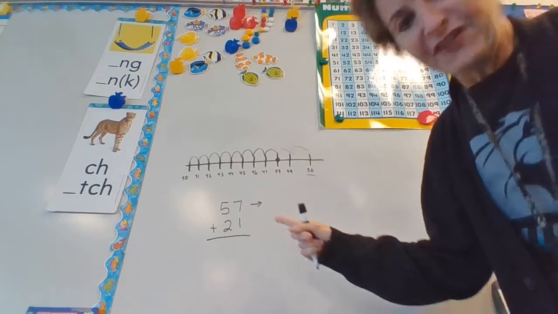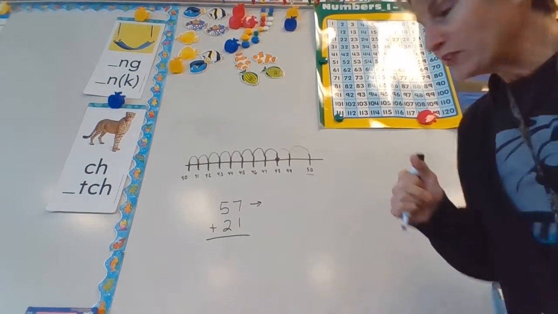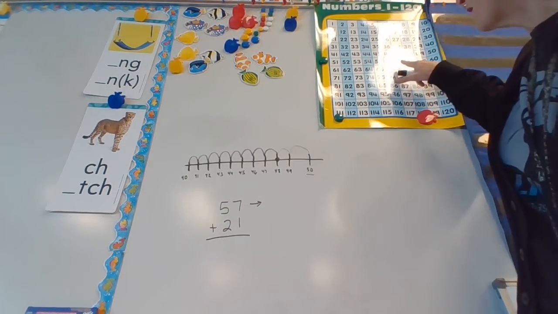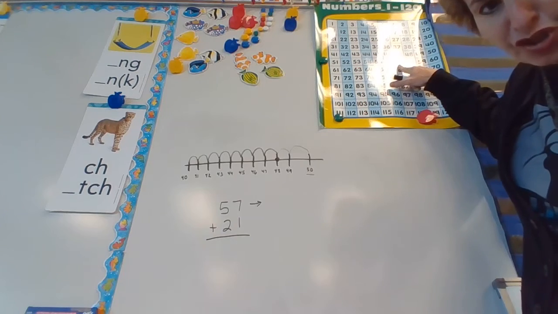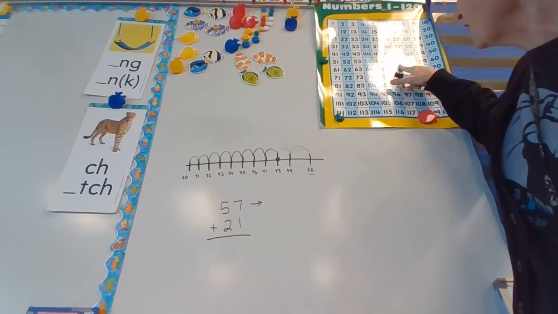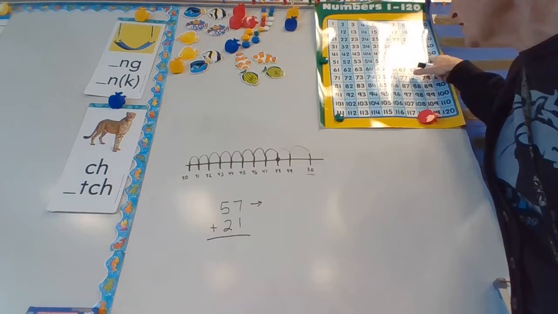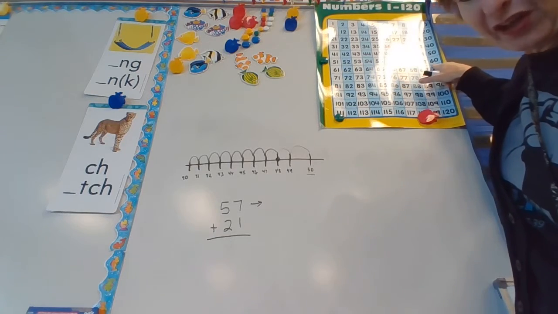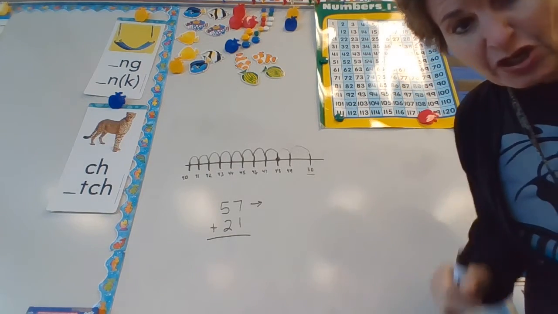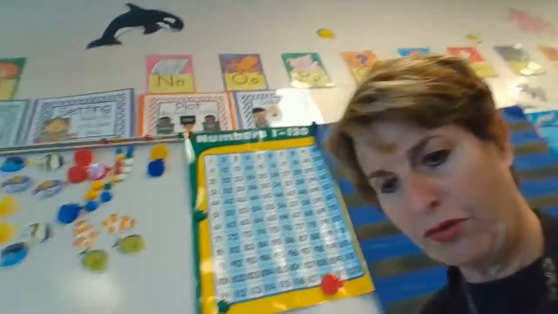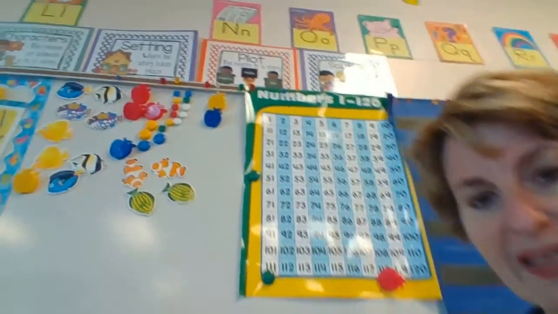If we have 57, I find 57 on my hundreds chart and I say, is 57 closer to 50 or is 57 closer to 60? So I can look on my hundreds chart.